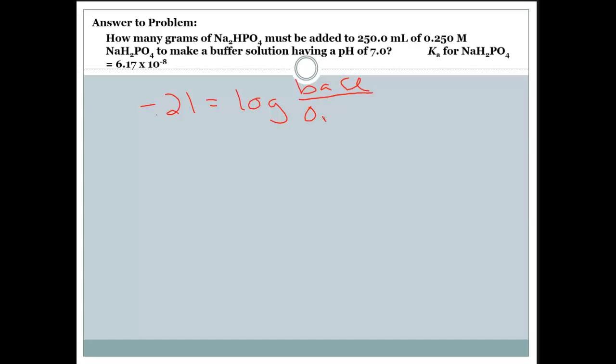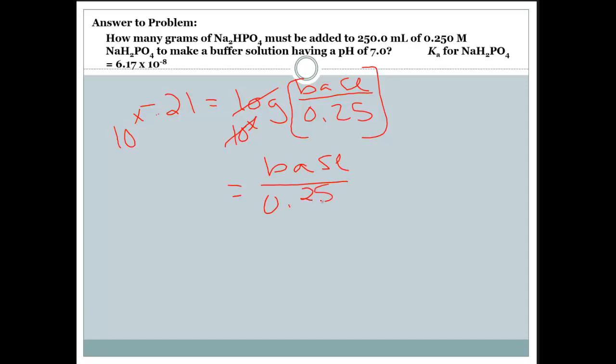Alright, so to get rid of that log, I want to take 10 to the x of both sides. That cancels out the log on the right hand side. So that leaves us with the base over 0.25. 10 to the x of negative 0.21 comes out to be, I'm sorry, I skipped a step, 0.617.